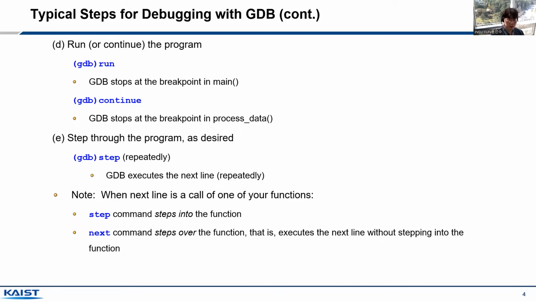For example, if there is a function call and you type step, it will break inside of that function. If you type next, it will step over the execution. In other words, it will execute the next line without stepping into the function. So these two commands are used to execute a single line, but they differ in this way. Step steps into the function, and next steps over the function.